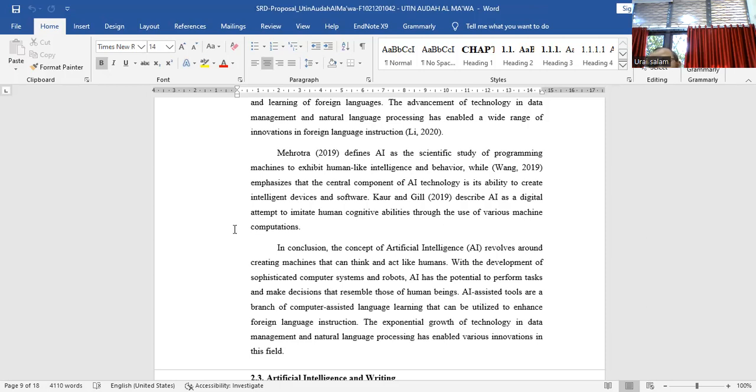The second level is paraphrasing tools. Paraphrasing tools already achieve a higher level of intelligence because in order to be able to do paraphrasing, the computer needs to understand what we are writing. So I think that's very powerful.